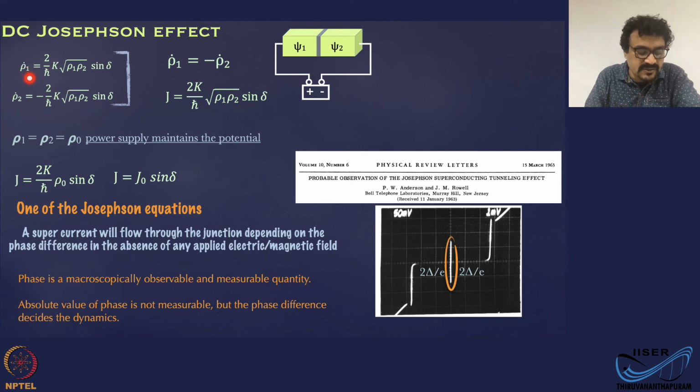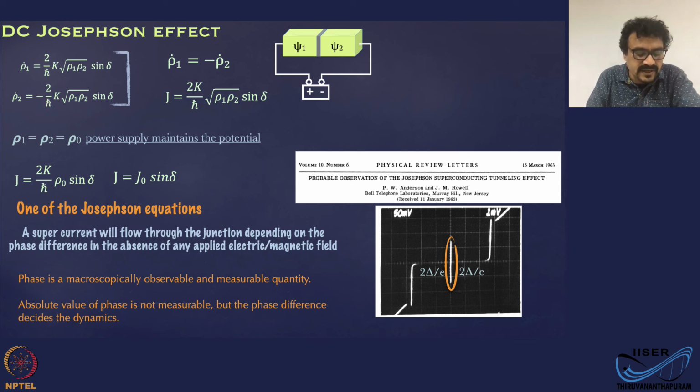Rho1 dot, the time derivative of the Cooper pair density, is 2 kappa by h bar square root of rho1 rho2 sine delta, where delta is theta 2 minus theta 1, and rho2 dot is minus of the same quantity.